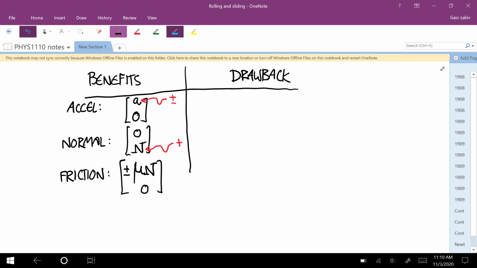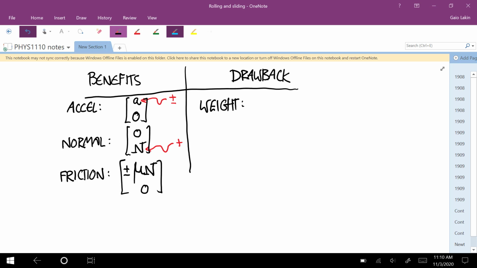There's one drawback. One thing that gets more complicated using this reoriented coordinate system, and that's the weight force. The weight force up until now has always just been in the negative y direction. But now it's not going to just be in the y direction.